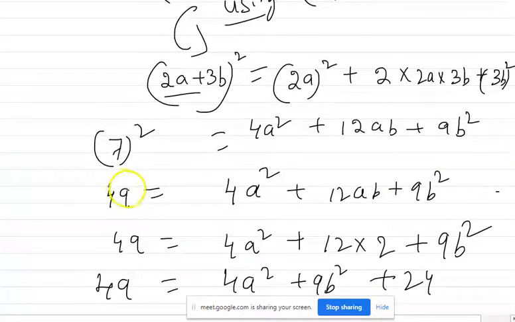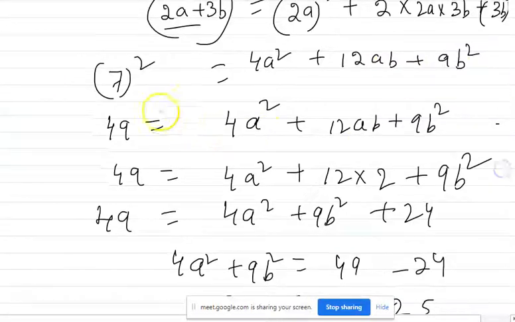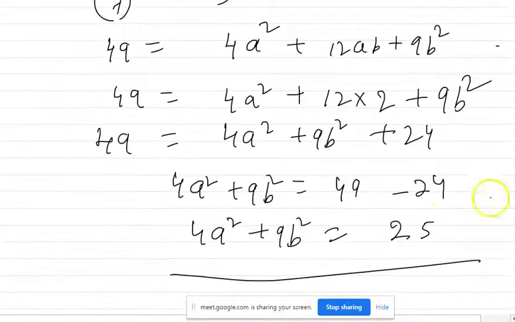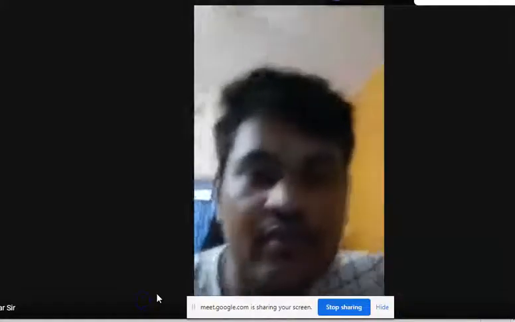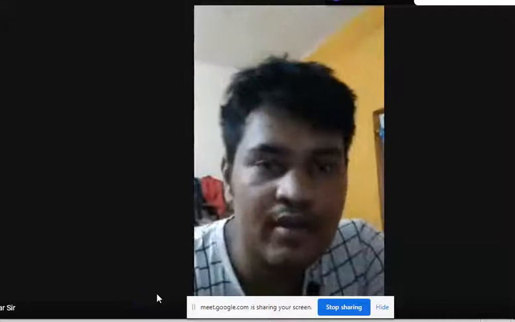So I'm writing 7 here. 7 whole square is equal to 4a square plus 12ab plus 9b square. 7 7s are 49. The value of ab is 2, so 24. So 4a square plus 9b square, 49 plus goes to that side so minus 24, so 4a square plus 9b square is equal to 25. Are you getting? Till now any doubt you have?